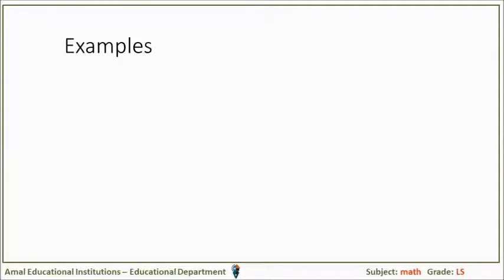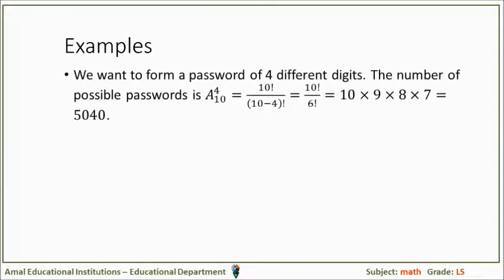Here I'll give you some examples. First, for example, if we want to form a password of 4 digits, the number of possible passwords is A4 out of 10. 10 because the numbers are from 0 to 9, which are 10 numbers. So if we apply the rule, 10 factorial over 10 minus 4 factorial, which is equal to 10 factorial over 6 factorial.